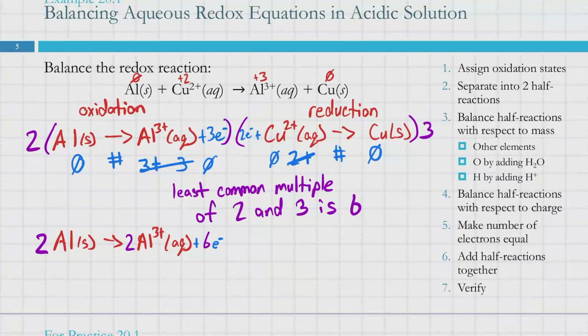And then for our reduction, we're going to have 6 electrons plus 3 times 1 copper, 3 copper ions, goes to 3 times our copper as a solid. And then we add the half reactions together.